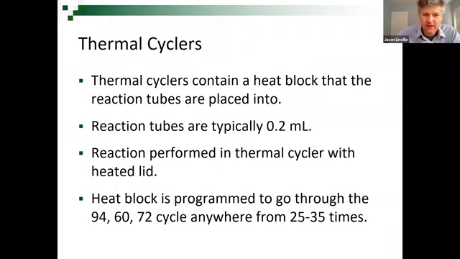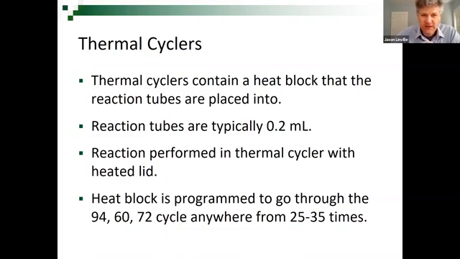Okay, thermal cyclers. This is the instrument you use after you put all of your components together, and we'll go through an STR demonstration. I'm still trying to figure out what this lab is going to look like, but we'll see what the reagents look like here. After you set up your reaction, put your DNA, primers, polymerase, and dNTPs into the tube. It never hurts to say this too much. Then you put that tube into the thermal cycler.